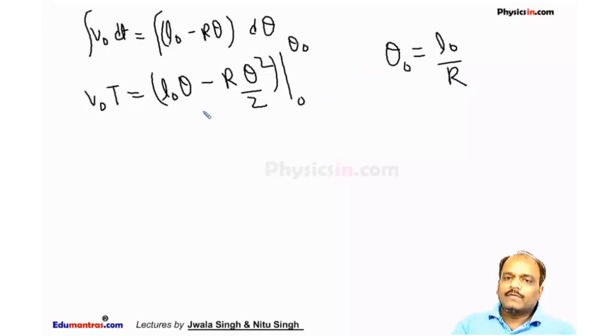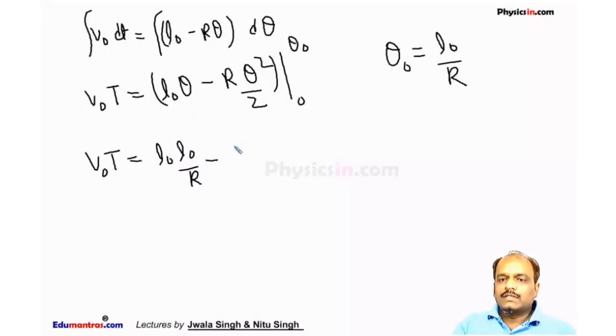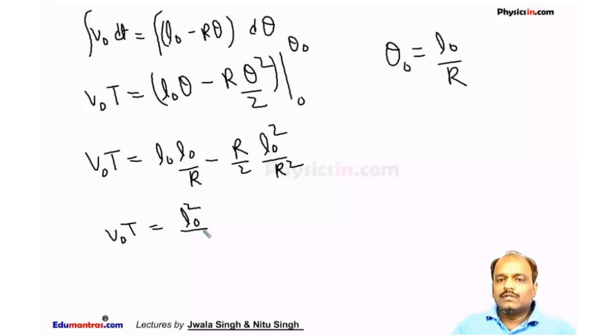If I substitute the final value of theta, we get v naught into t is equal to L naught into L naught by r minus r by 2 into theta naught square, which is L naught square by r square. On solving, we get v naught into t equal to L naught square by 2r, because this is L naught square by r minus L naught square by 2r.